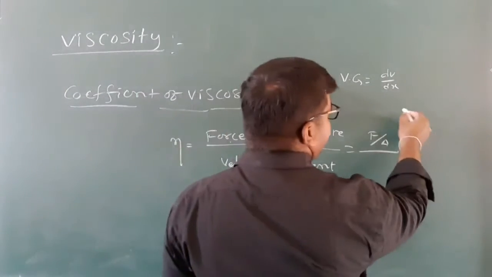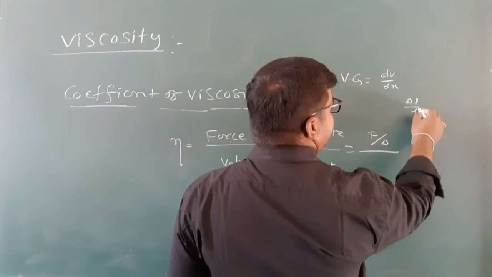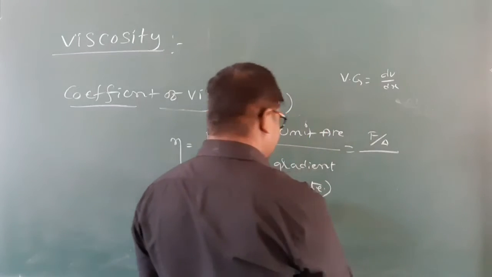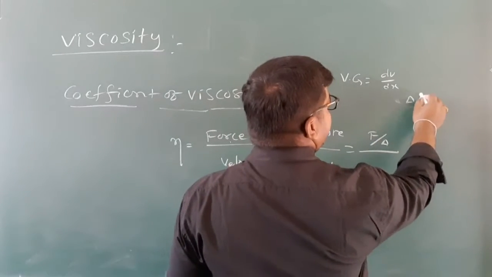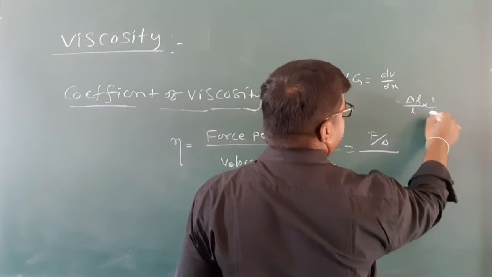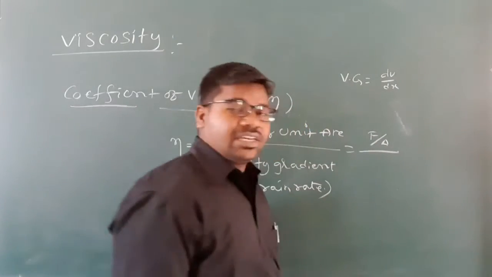Strain rate means change in length by original length into time. Strain rate means dl by l into 1 by t. So in both, we can take any one.